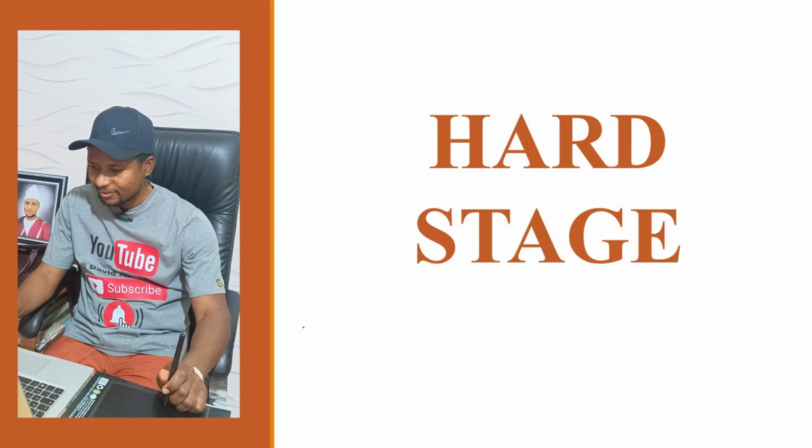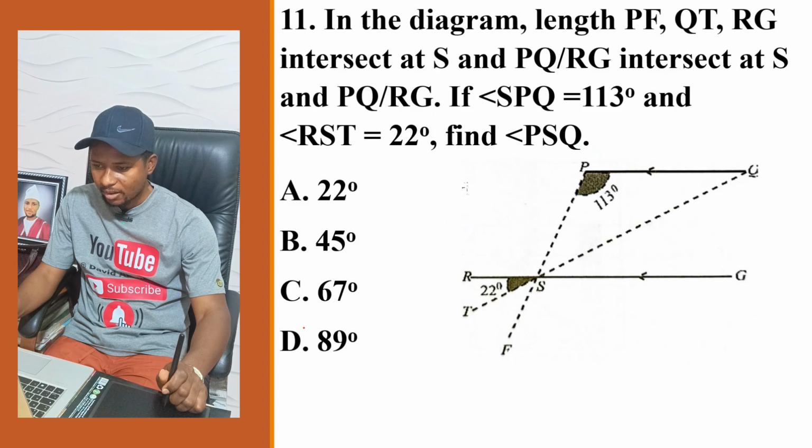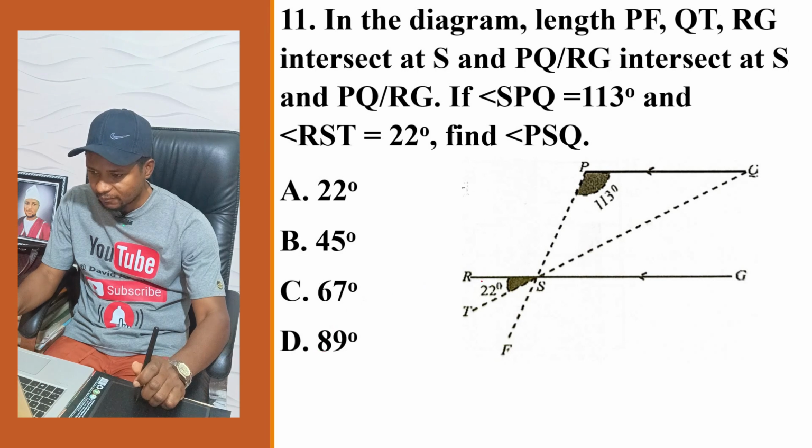Let's get to the hard stage now. Number 11 said, in the diagram, lengths PF, QT, and RG all intersect at X. And then we are to find PSQ.